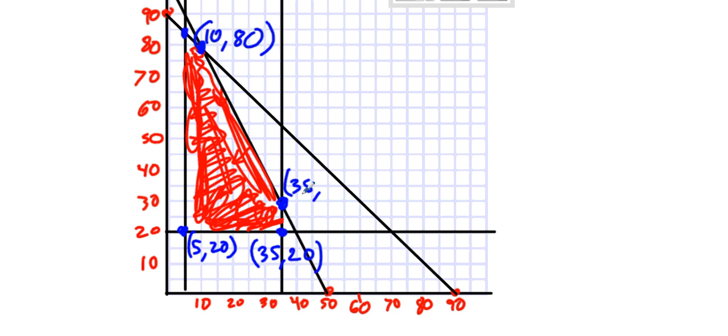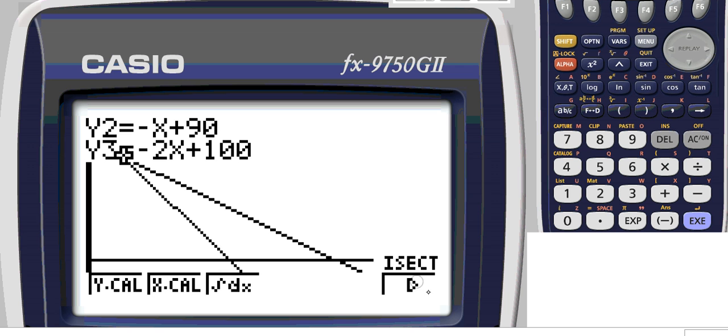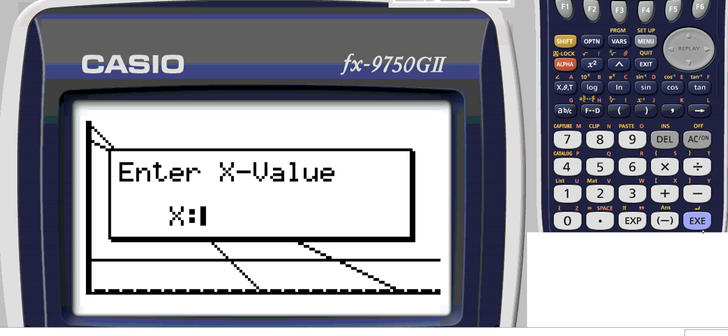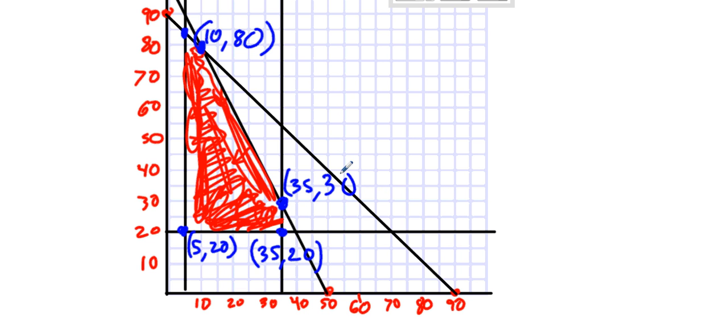Looks like 30. We can get it for sure from the calculator if you just go gsolve. We want the y value, so y calc. You have to pick which graph we're looking for, which is, we're looking at this line right here, which we're on now. It's y3. And the x value we're looking for is 35, which is 30, which is what it looks like, (35, 30).